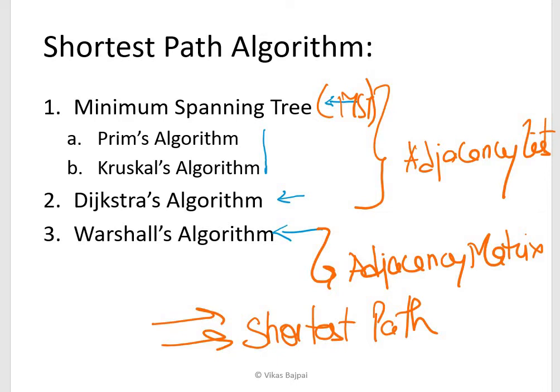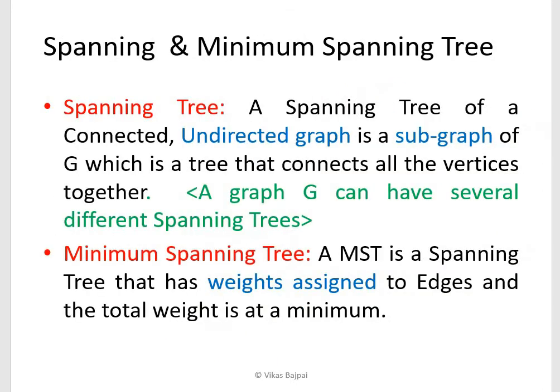So let's look into what basically the spanning tree is, and what basically the minimum spanning tree is. So in case of spanning tree, this is a tree of a connected undirected graph, and what we get is a subgraph basically, which will be connecting all your vertices together.